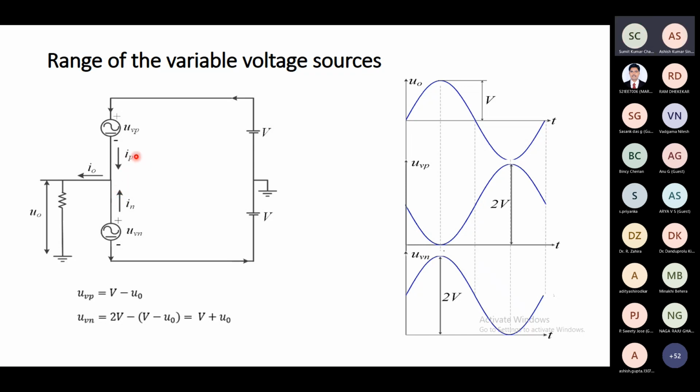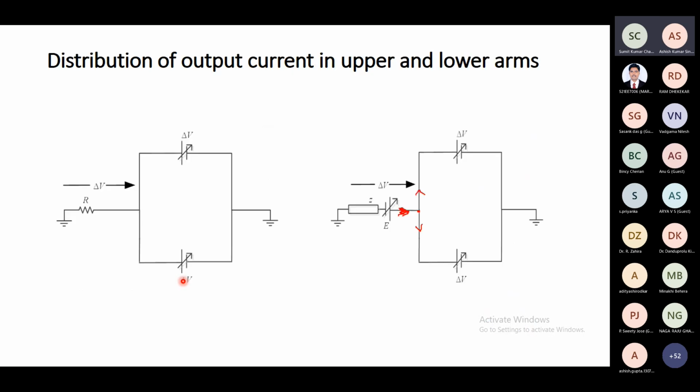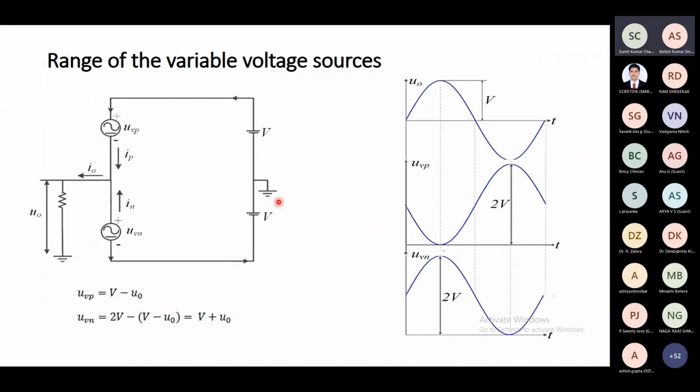From the discussion in the earlier slides, we understood that this current I0 is going to be equally distributed. That is, the magnitude of IP is I0 by 2. Similarly, IN is also I0 by 2. However, notice the direction. As per KCL, these directions will be like this.